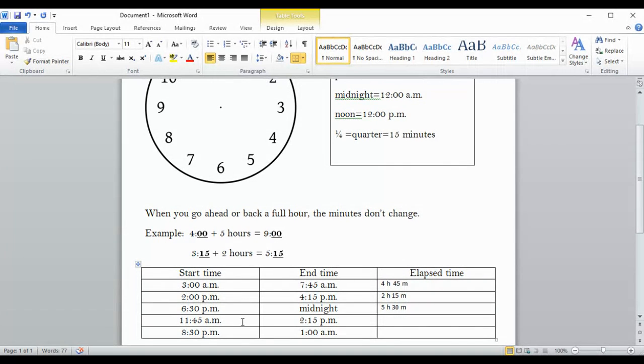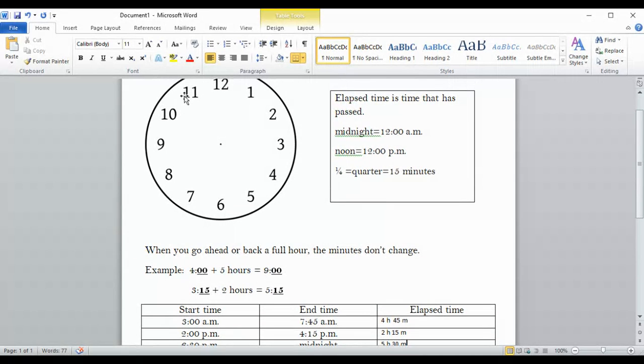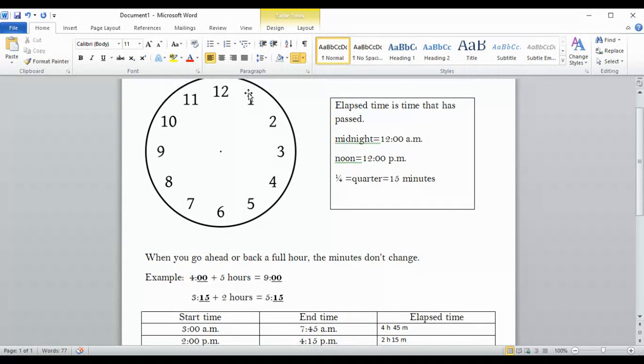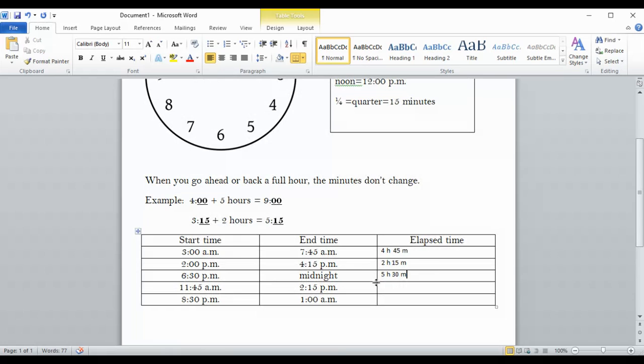I would say, okay, I'm at 11:45, and then I'm going to say 12:45, 1:45. If I go up to 2:45, that's too far. So I want to go ahead 2 hours. I'm now at 11:45, 12:45. I'm at 1:45. So down here on my chart, I'm going to say that's 2 hours.